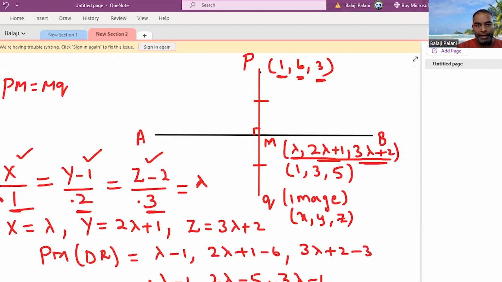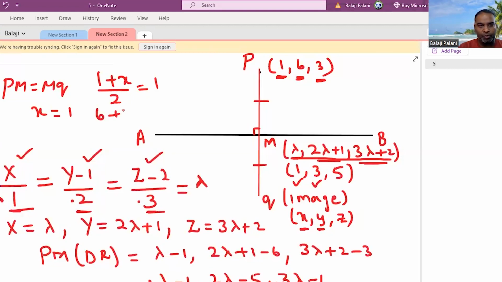Therefore, you can find the image, which is the point Q, by using the midpoint formula. So (x1 plus x2) by 2 is 1, which gives x is equal to 1. Similarly, (y1 plus y2) by 2 is equal to 3, so y is 0.